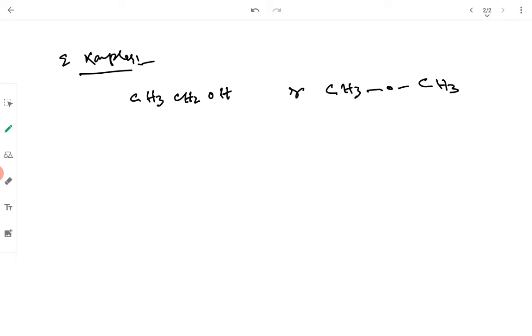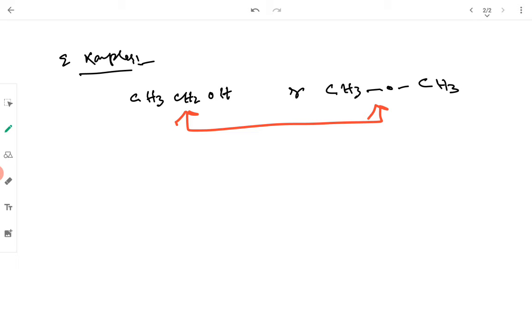These two molecules. You can see the molecular formula of these compounds is the same. 2 carbons, 6 hydrogens and 1 oxygen. So the molecular formula is the same.